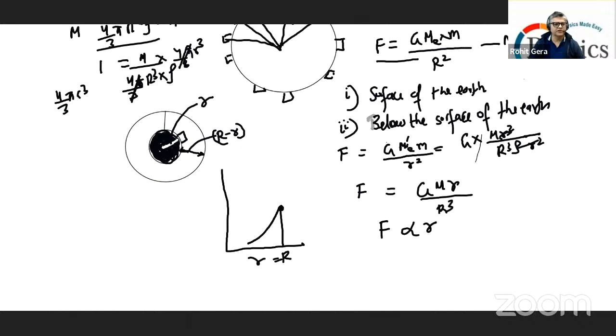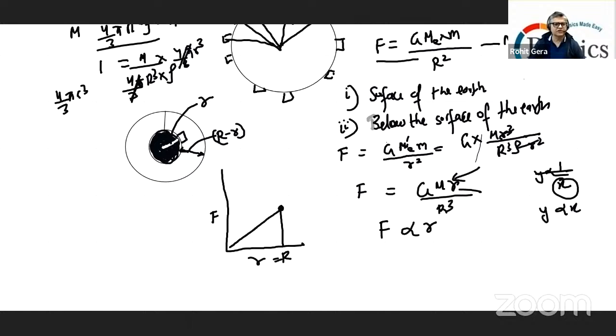Okay, so smaller is the radius you take, smaller is the force, and y is proportional to x rule. So straight line बन जाएगी ना, sorry. It should be a straight line like this with a negative slope. If radius is 0, force will become 0. At the center of the Earth, no force experienced. So this is F versus r.